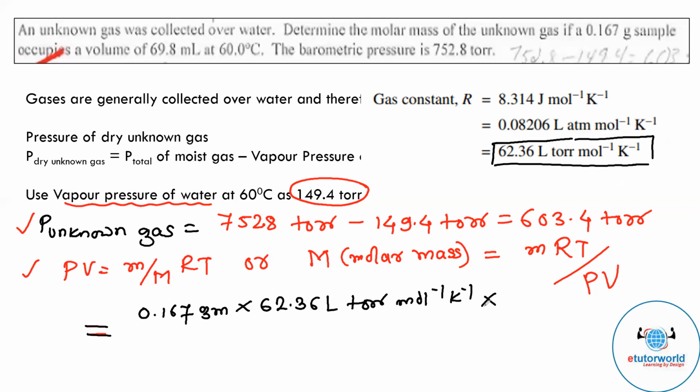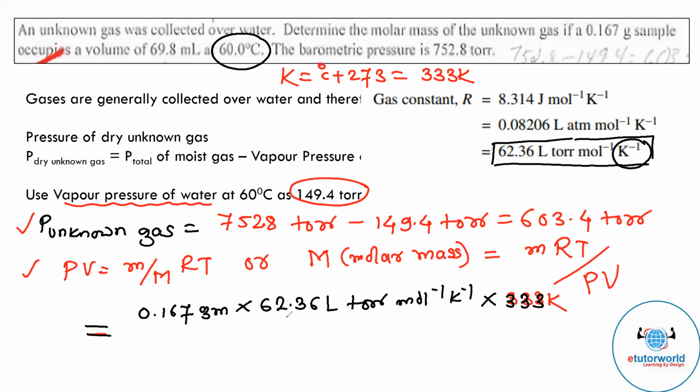Now the temperature is given in degrees Celsius, so we need to convert it to Kelvin because the unit of R uses Kelvin. How much will it come? 333. Very good, correct answer. 333 Kelvin, so I'm going to put it here.